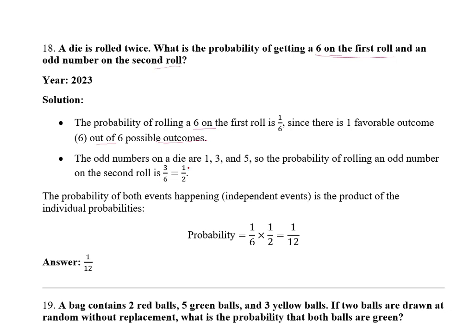The odd numbers on a die are 1, 3, 5. So the probability of rolling an odd number is 3/6, which is 1/2. The combined probability is 1/6 times 1/2, which is 1/12. Clear?